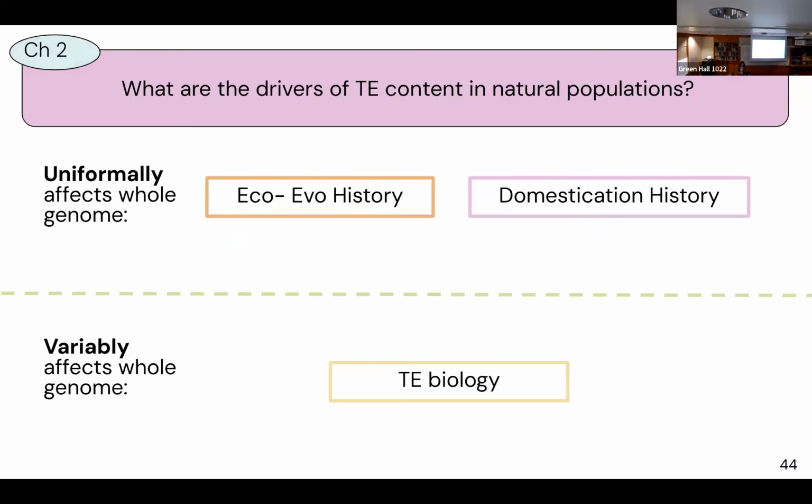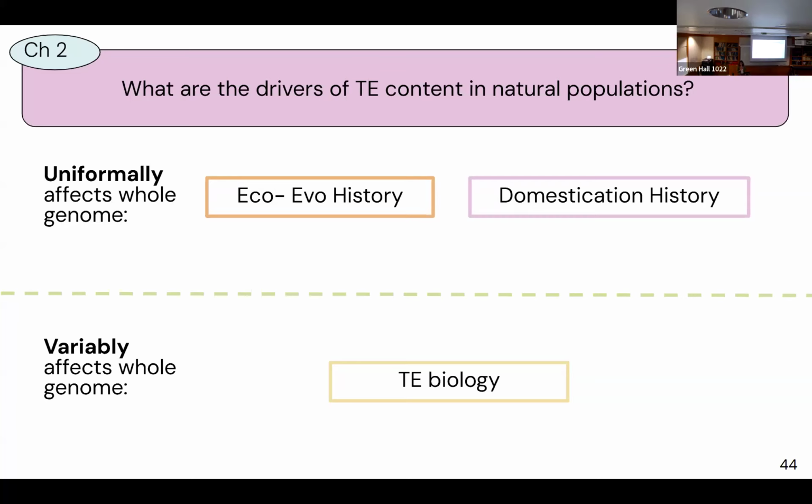So if it's not demography that drives TE variation between populations, what else might it be? Maybe it's forces that affect the whole genome, such as eco-evo history, like elevation, environment, or maybe it's domestication history.